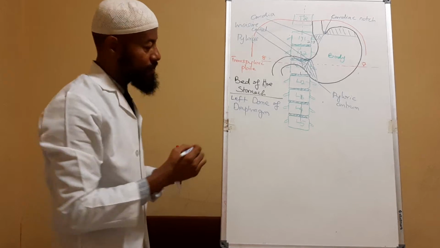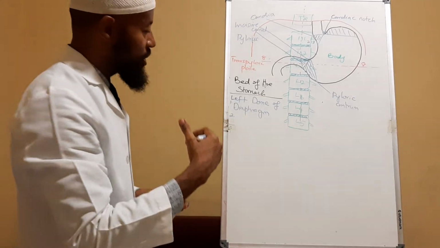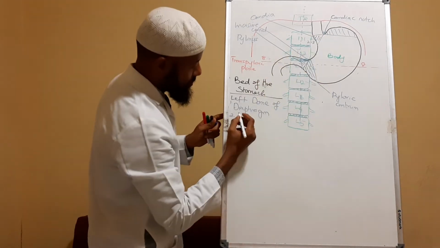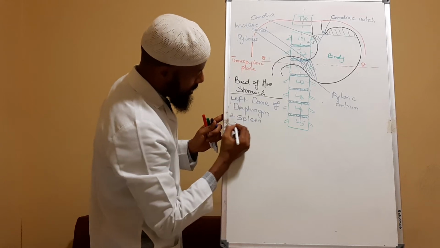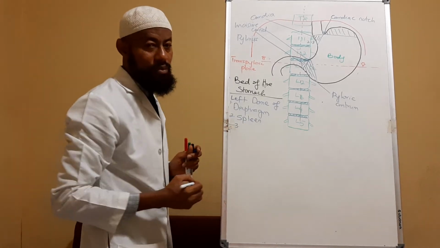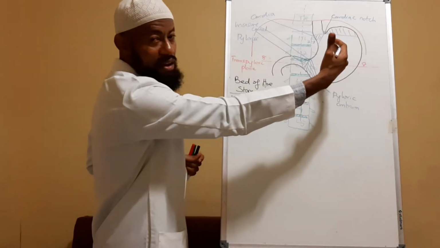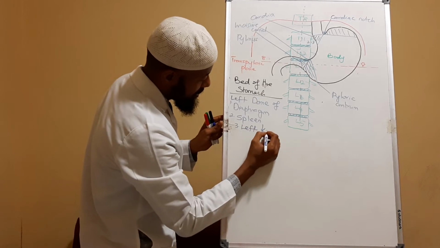That's the first one. Number 2, from superior to inferior, will be the spleen. Number 3 is the left kidney.